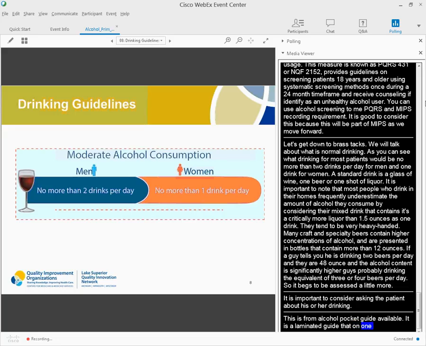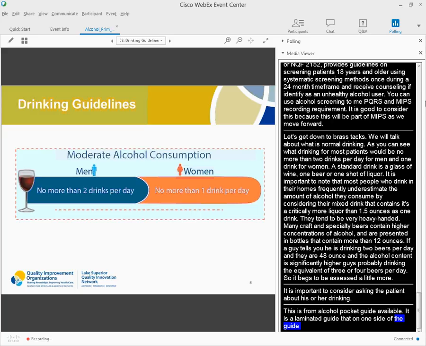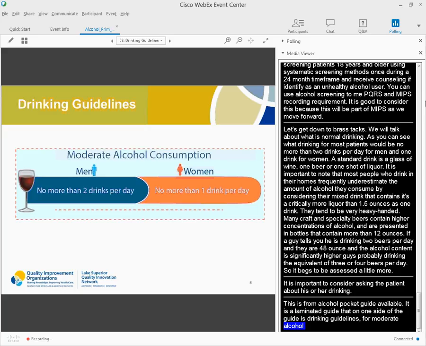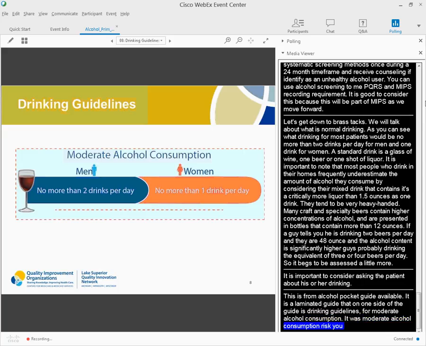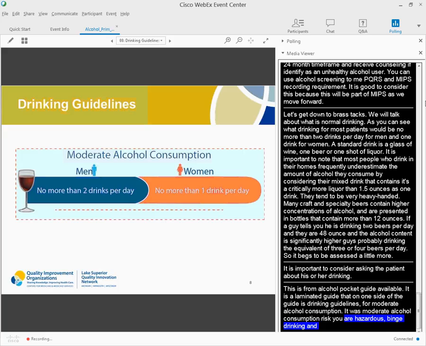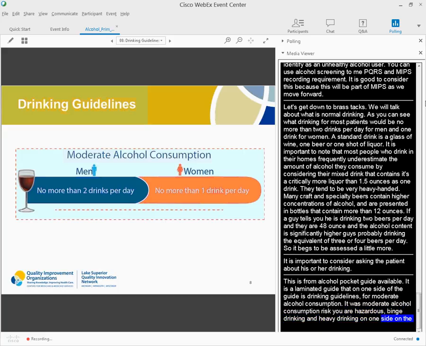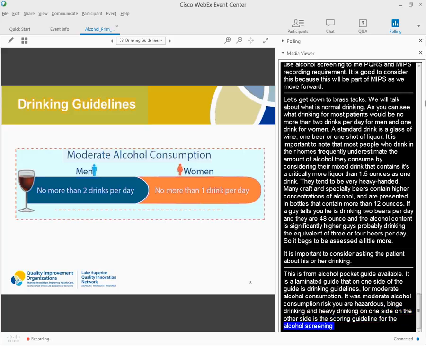This is just a screenshot of one part of that alcohol consumption section of the pocket guide: moderate alcohol consumption, riskier hazardous drinking, binge drinking, and heavy drinking on one side of the sheet. On the flip side are scoring guidelines for the alcohol screening test, and it's pocket size. It's meant to fit into a lab coat. It's laminated, so it won't bend or break.